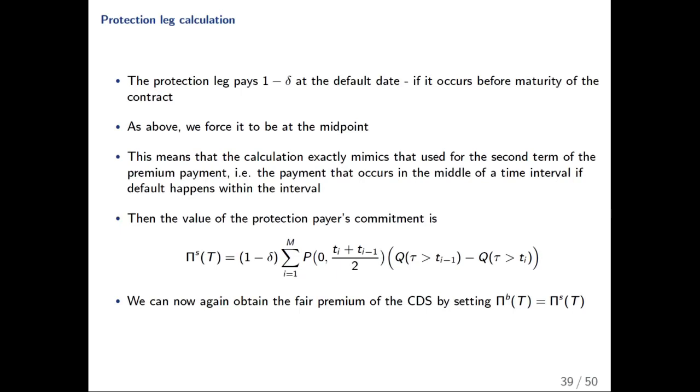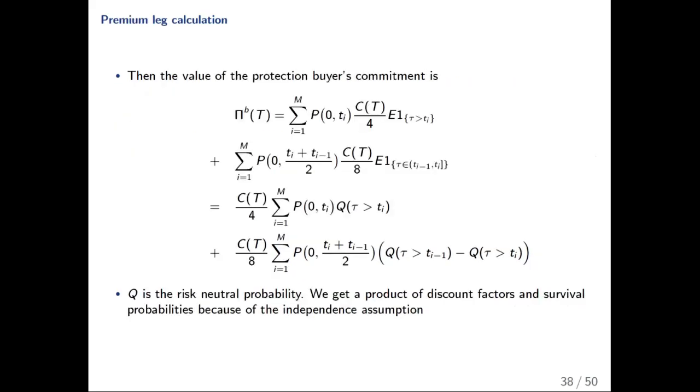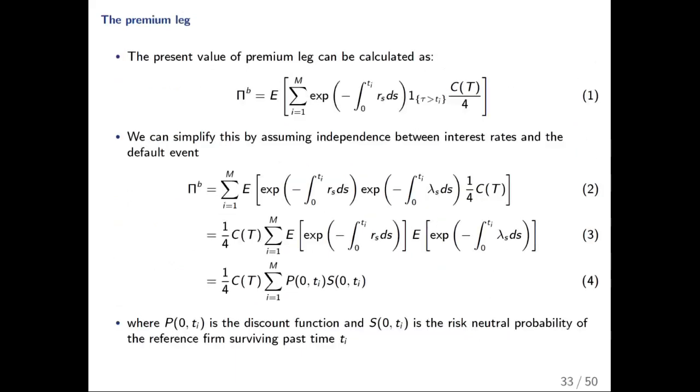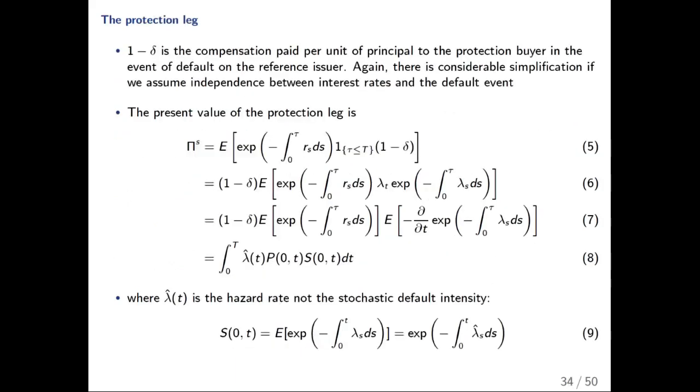Well, if we assume default happens in the middle of the interval, it's just the probability that default happens in an interval, discounted by the risk-free interest rate, and how much are we going to pay? 1 minus the recovery rate. So these formulas are exactly equivalent to what we just did here. We're just using an assumption that default always happens at the middle of the interval.